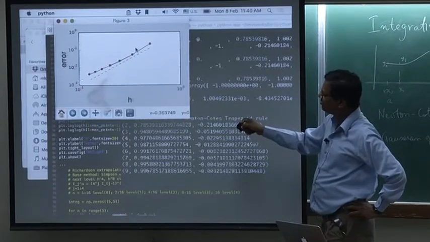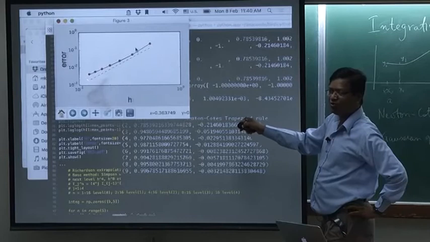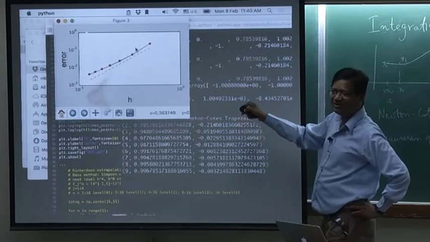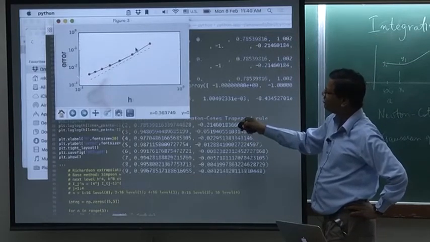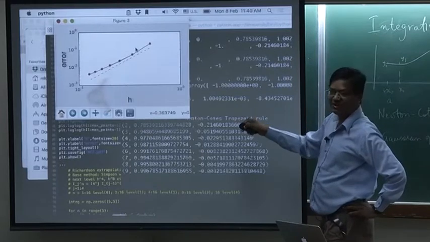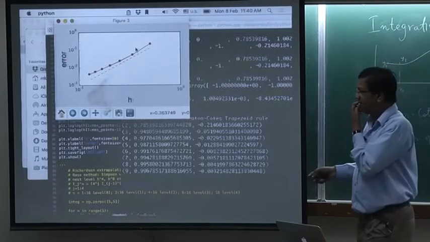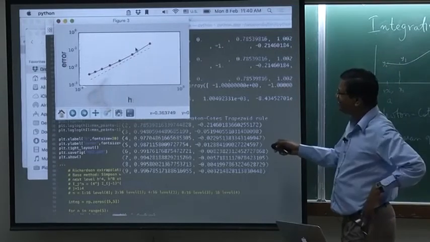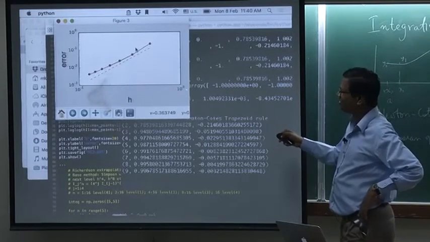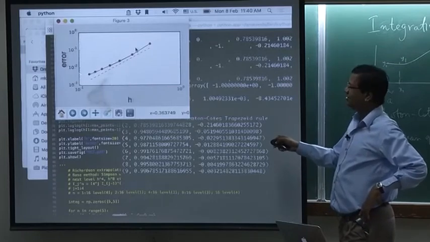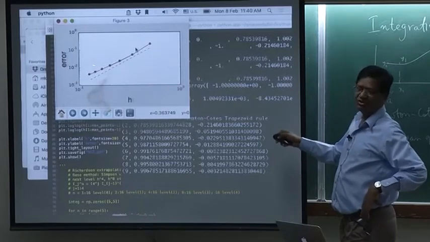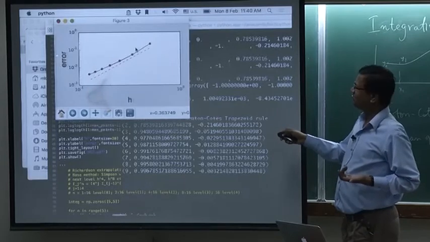What does this tick correspond to? 0.002. Okay, so you should know how to read the log scale. Next is 0.003, this 0.004. They are not linearly spaced because it's log scale. And when you're plotting them, this is 0.2, 0.3, 0.4, like this. Okay, so this is h cube. So it is going like h cube, you can say.